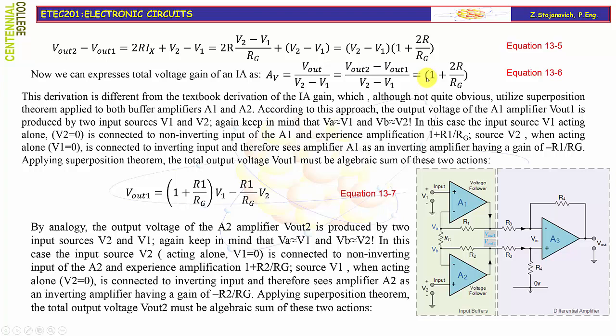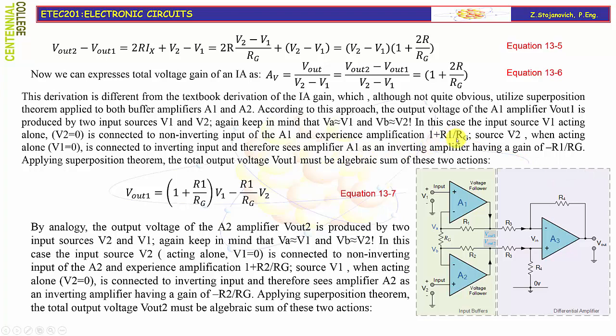In this case, the input source V1 acting alone, when V2 is grounded, that means Vb is grounded, is connected to the non-inverting input of the A1 and experiences amplification of 1 plus R1 over Rg. Remember, for non-inverting configuration, 1 plus Rf over Ri is the voltage gain.